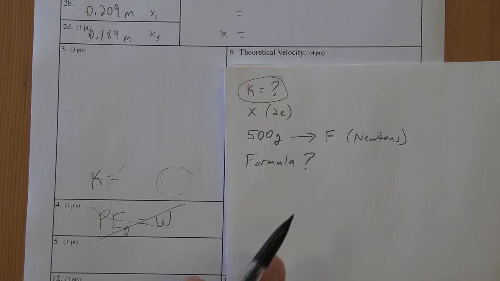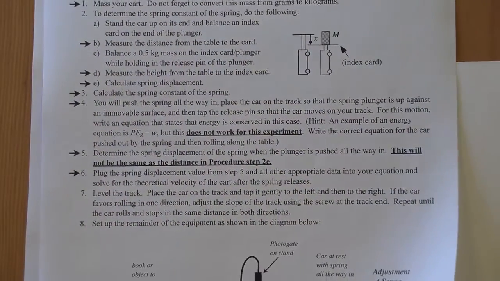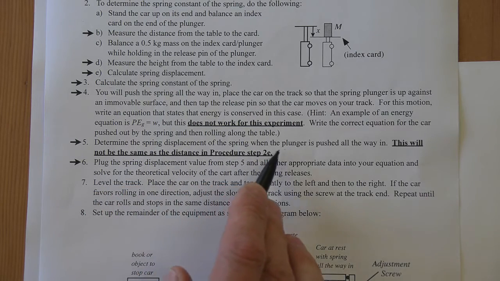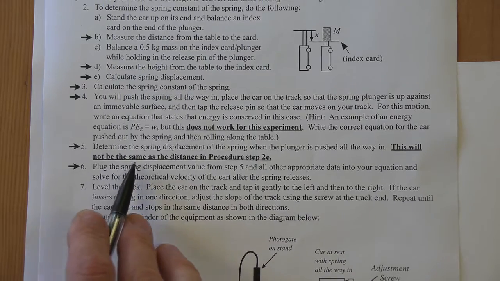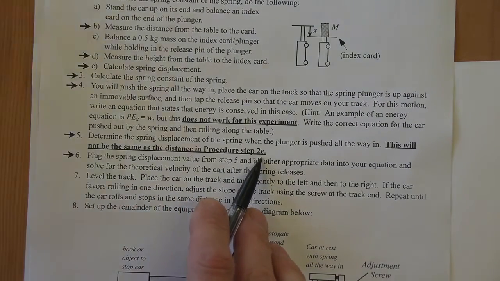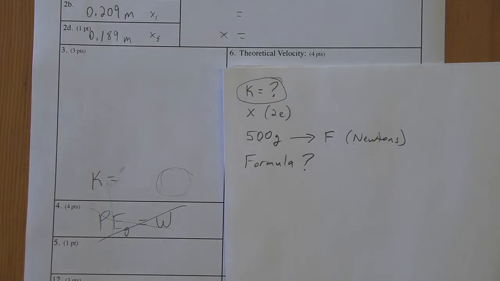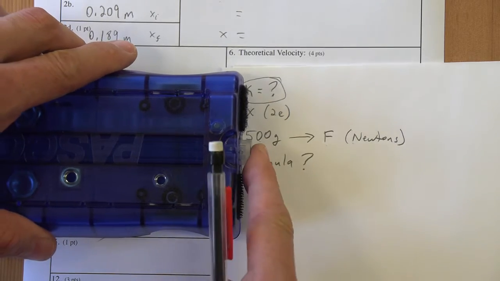Okay, so let's go on to number 5. It says, determine the spring displacement when the plunger is pushed all the way in. This will not be the same as the distance in procedure step 2E, which was right here. Now, how do we determine that? We're going to be pushing this spring all the way in for this experiment.